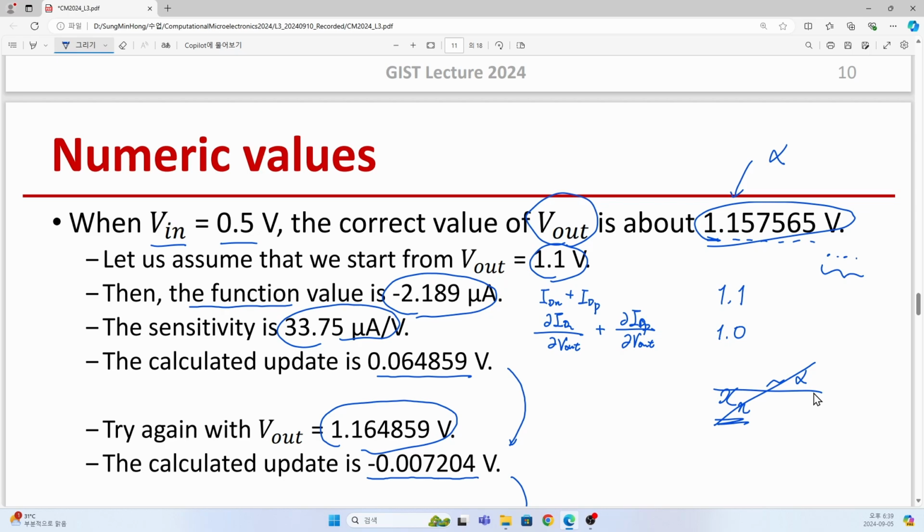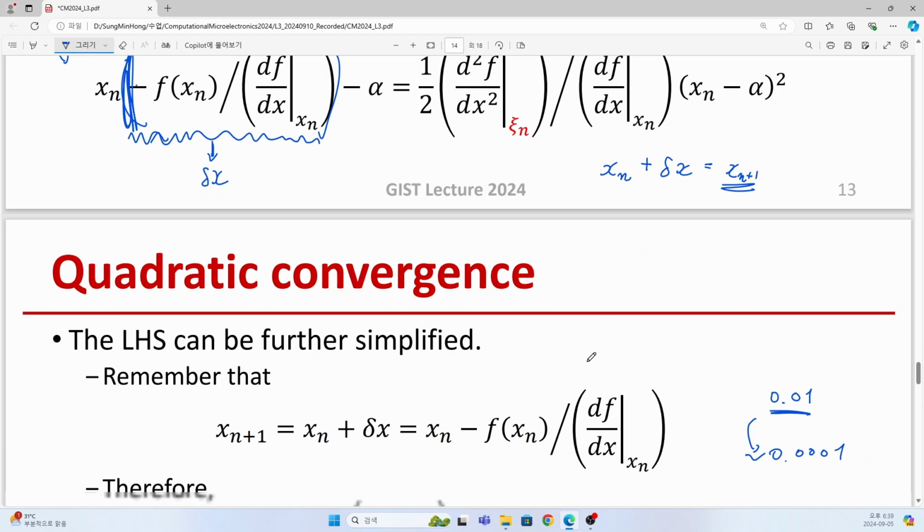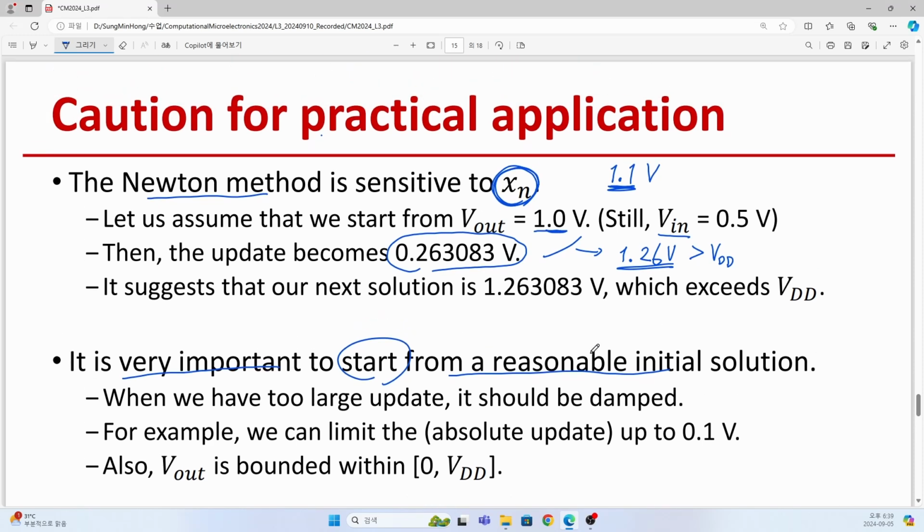Sometimes the Newton method can generate a quite high update value, which overshoots the proper range of our unknown variables. So in this case, it should be damped.